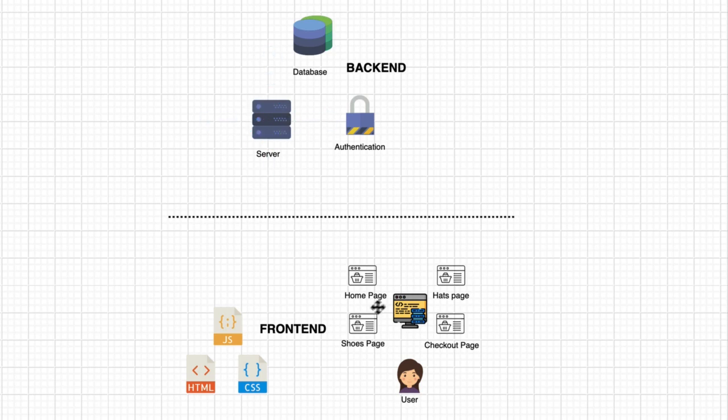Authentication is the means in which our server determines that the user that is trying to access the server or the database is who they say they are. So if our user logs into our application and they want to request, say, all of the cart items that they stored in their last session 3 weeks ago, we would generally store that information on our database so that when they come back and they log in again, they would send that request to the server with their user profile information.